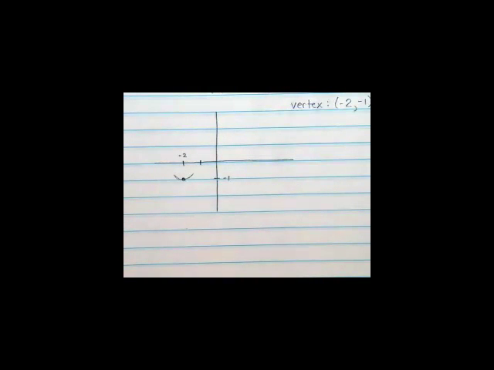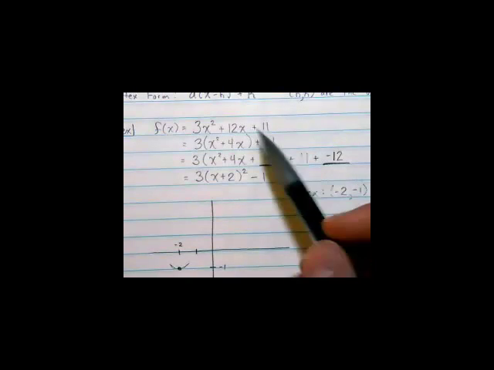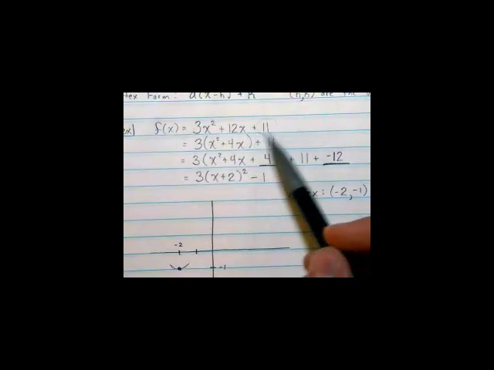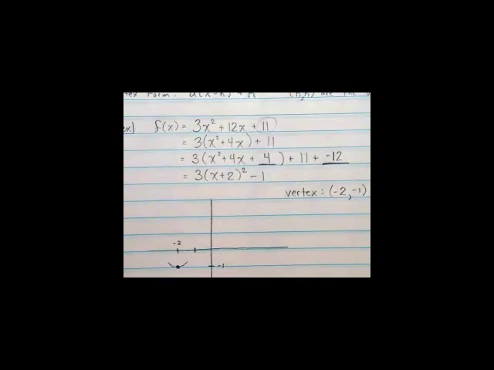And then one other piece of information that you can use to help you see how wide or skinny this thing is, the last number here in the original equation, that plus 11. What is that plus 11? It's a y-intercept.